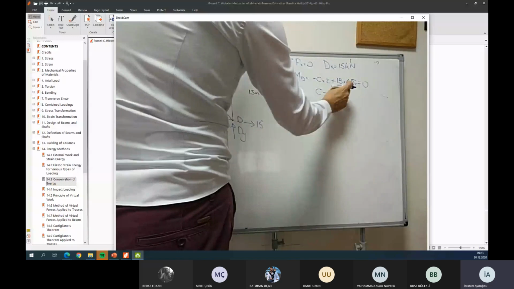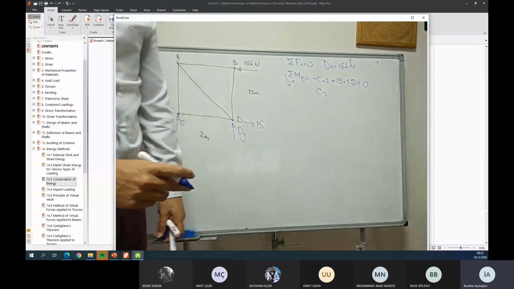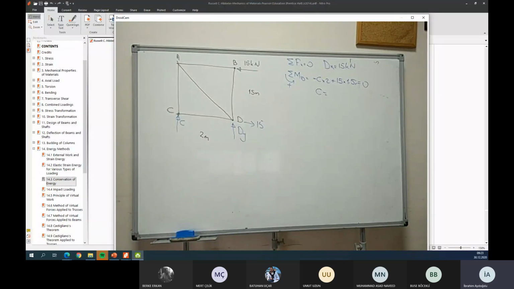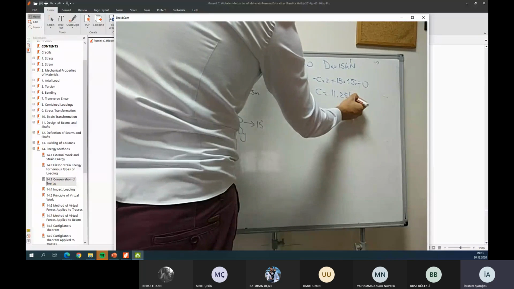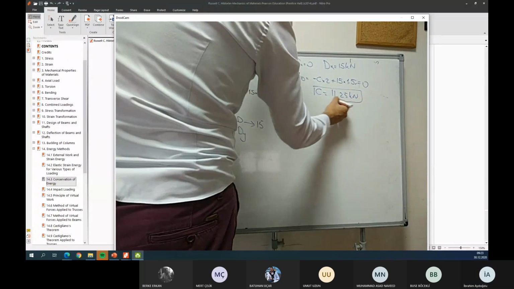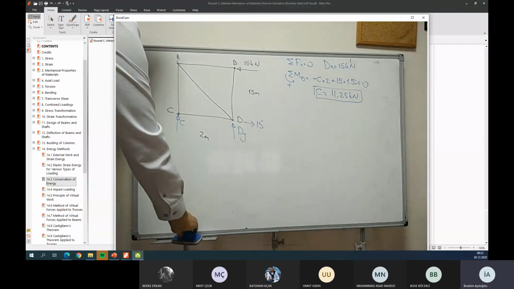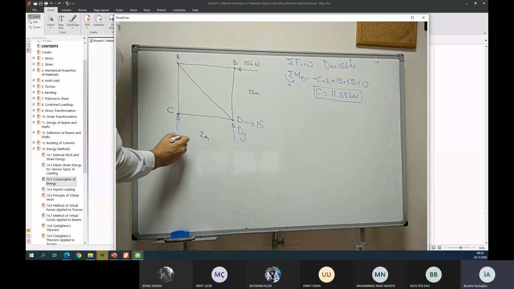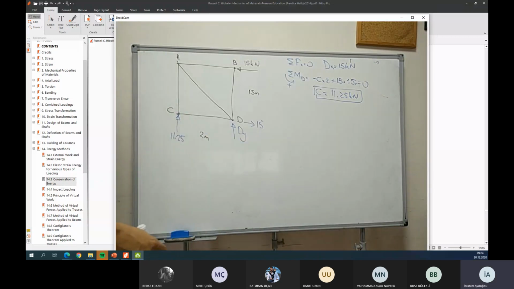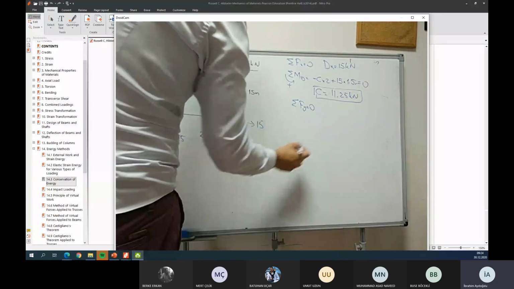C is equal to half of 22.5, which is 11.25 kilonewton. I computed it in my head. Okay, I think this is correct. So I found C is equal to 11.25. I need to find Dy by using sigma Fy equal to 0.